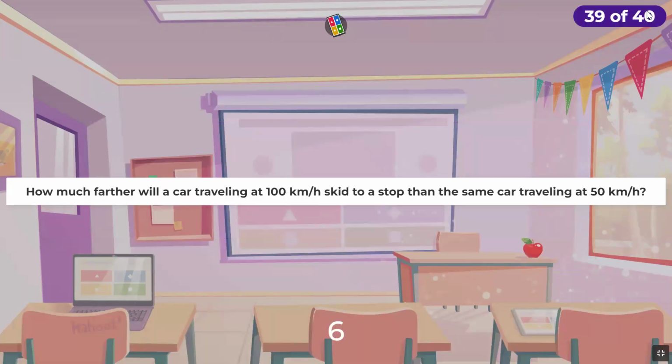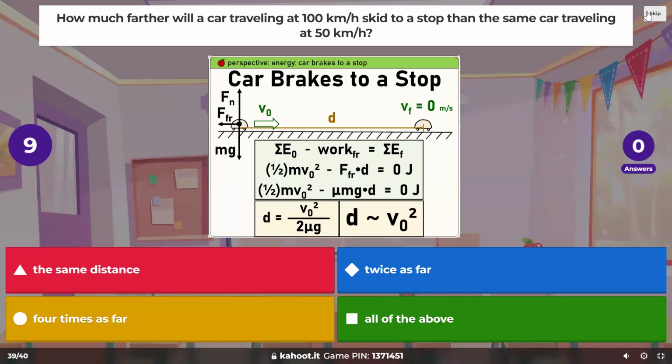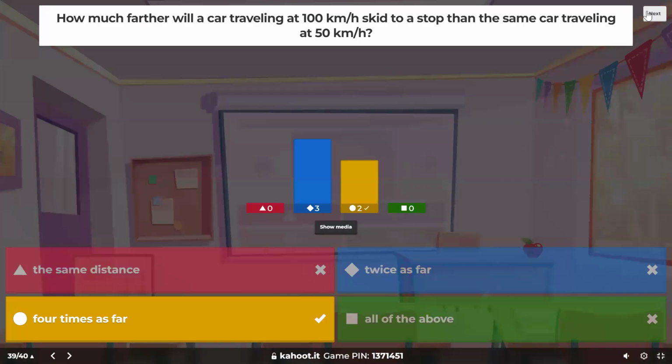How much further will a car traveling 100 kilometers an hour get to stop compared to 50 kilometers an hour? Yeah, 4 times the distance. Because you think this is an energy question.